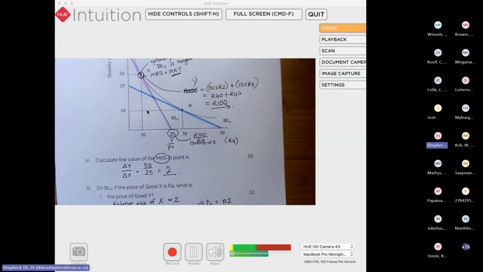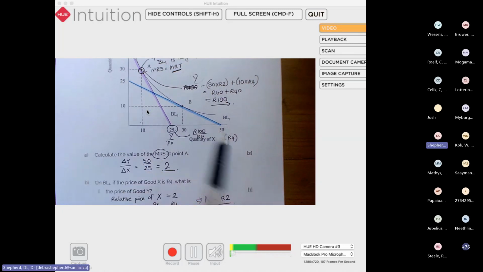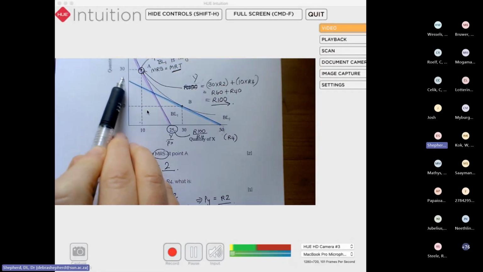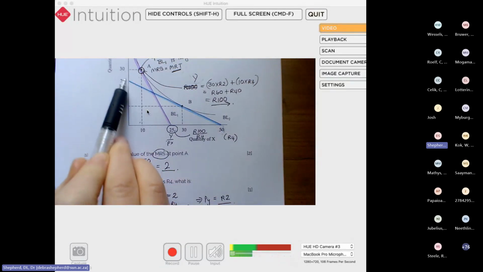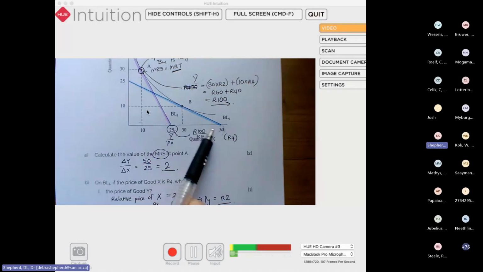So what we can see is that at this intercept here, whatever I have, I'm getting 50Y spending all my money. And over here, I'm getting 50X spending all my money. And here I'm getting 25Y spending all my money. What does that tell me about the relative cost of Y compared to X?